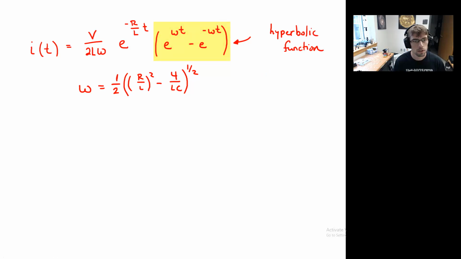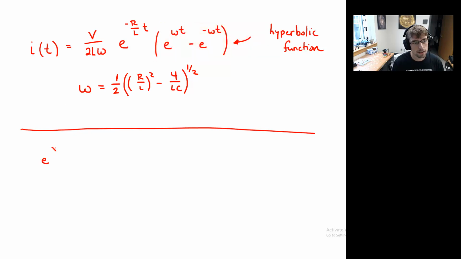So for those of you that are burning with curiosity, I believe e to the x minus e to the negative x divided by 2 is defined as the sinh function, the hyperbolic sine function.